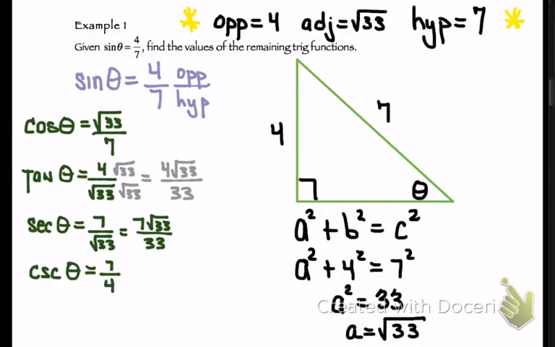So if sine is 4/7, cosecant is 7/4. Cotangent is the inverse, or the reciprocal, of the tangent. Here's the advice: that's why I wrote the original down. I know the tangent is 4 over root 33, so to find the inverse, I just simply take the reciprocal of that, which is, voila, root 33 over 4.